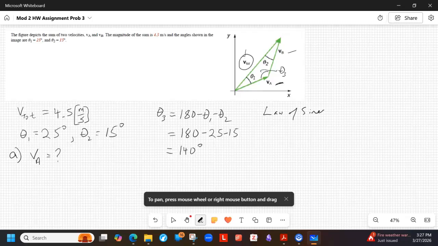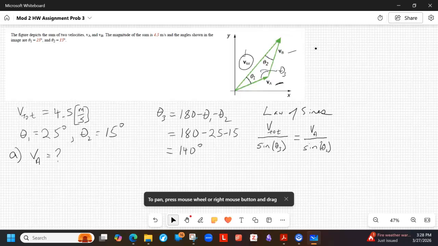The law of sines tells us that the length of one side of the triangle, so in our case I'll start with V total, divided by the sine of the opposite angle, which would be sine of theta 3, is equal to the length of another side divided by the sine of the opposite angle, which is theta 2.